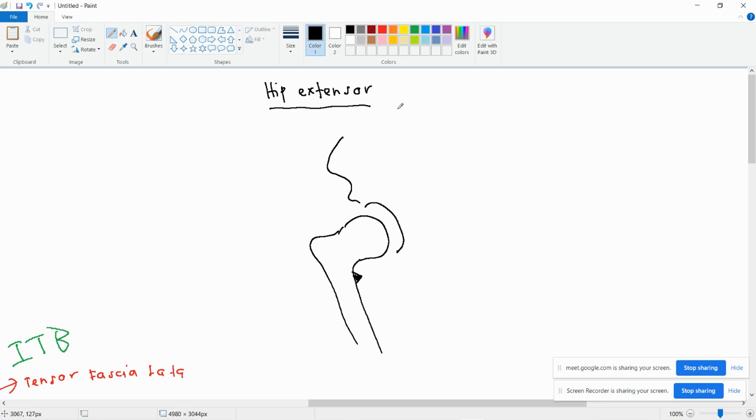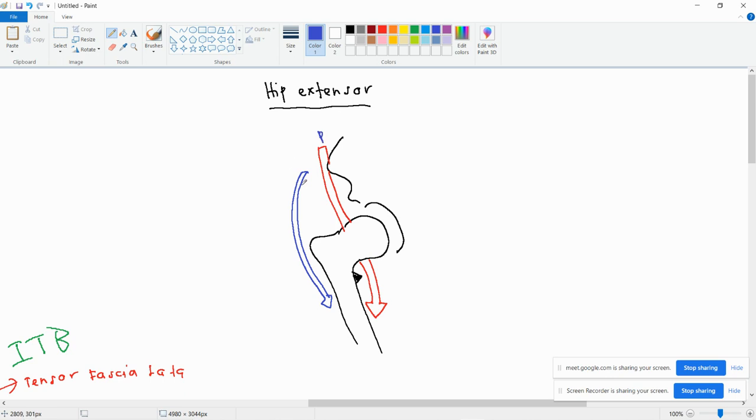Okay, now listen carefully, class. In order to produce hip extension, this muscle must cross your hip joint posteriorly. Understood? If the hip abductor crosses your hip joint laterally, your hip extensor must cross your hip joint posteriorly.